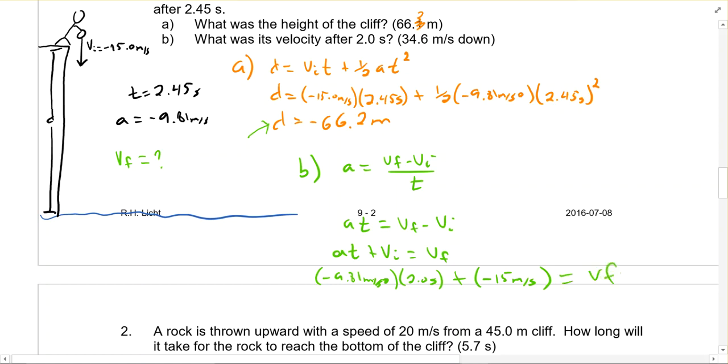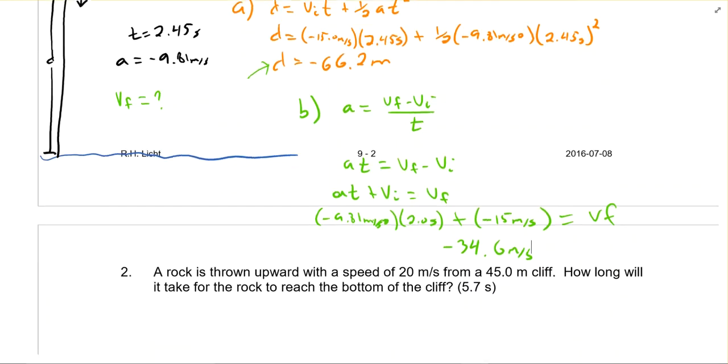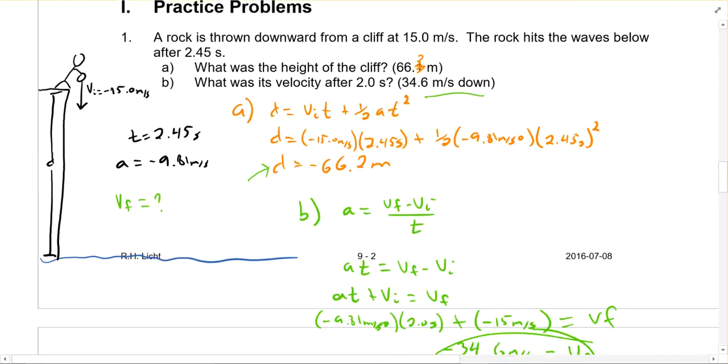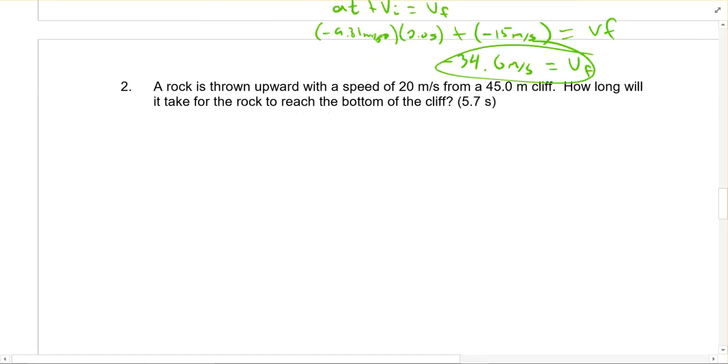So then if you put that into your calculator, you get negative 34.6 meters per second. So that also means 34.6 meters per second down, which is what my answer is here. Okay, so that's number 1.